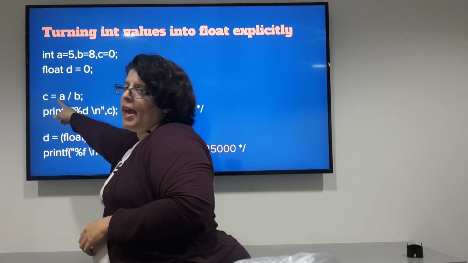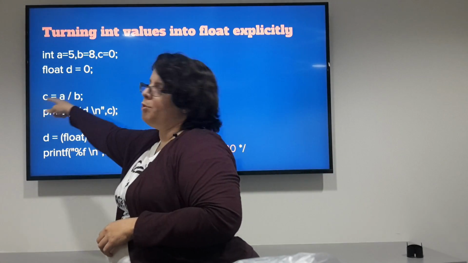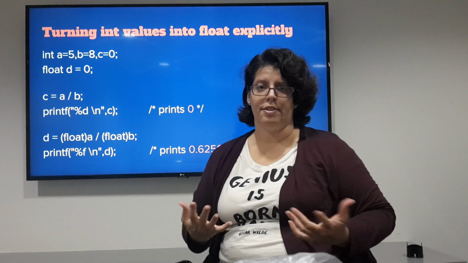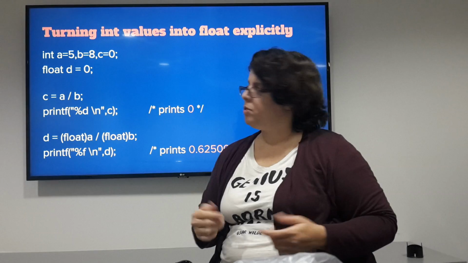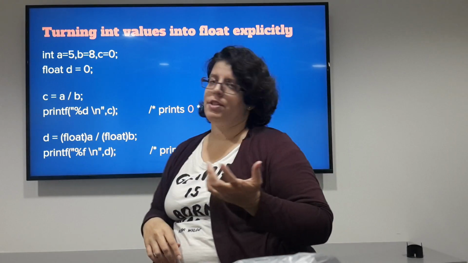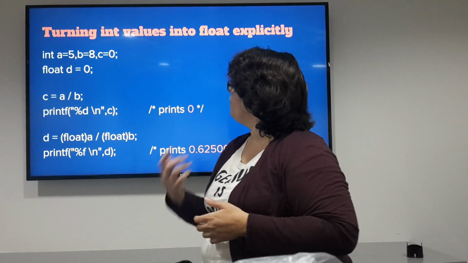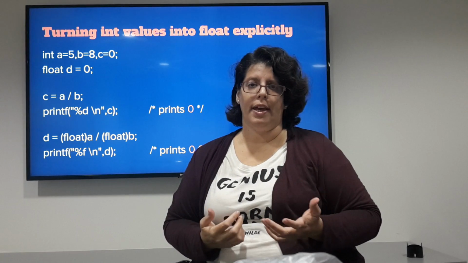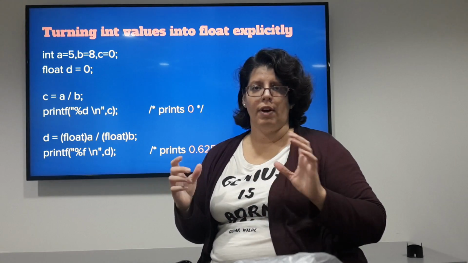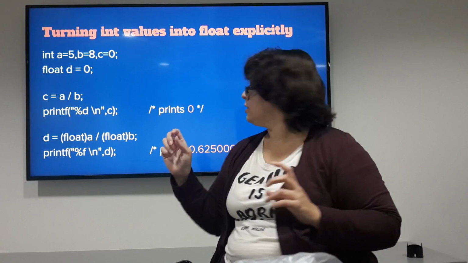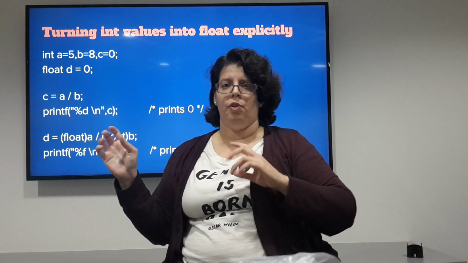So if I say take a divided by b and put that in c, what will be the answer? Now, a, b, and c, all 3 of them are integers. So if I get a, which is 5, divided by 8, 5 divided by 8 comes out to 0.6 something or other. It doesn't come out to a whole number, 0.625, and so forth.